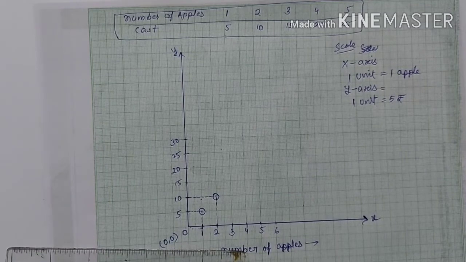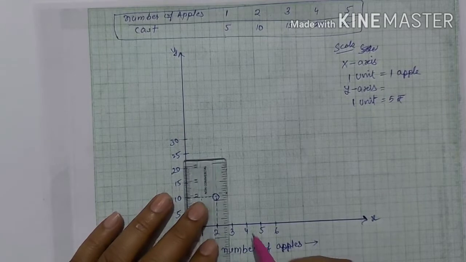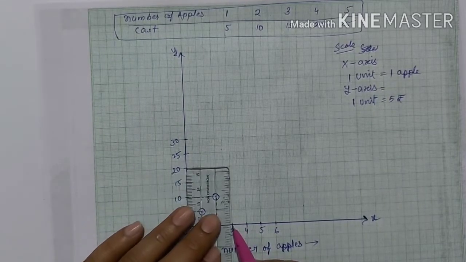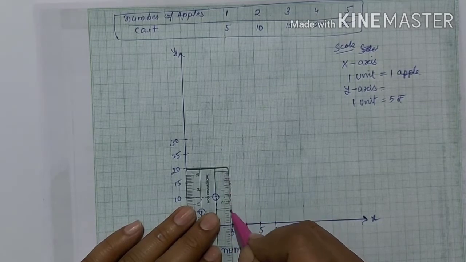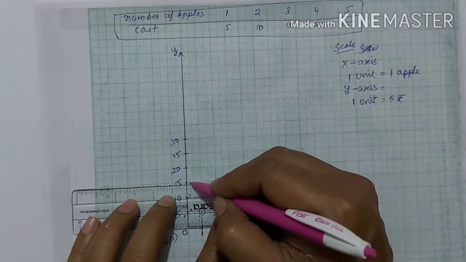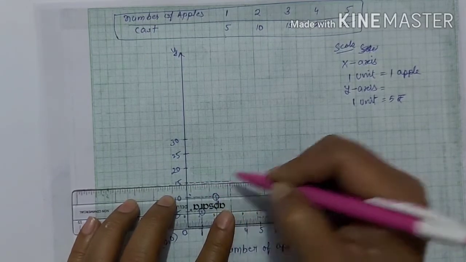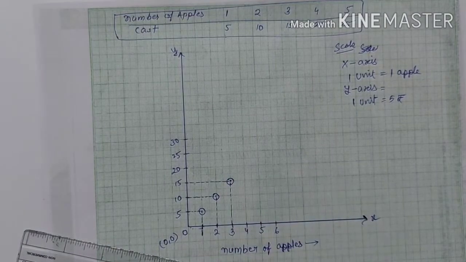Third is 3 and 15, so draw a line parallel to the y-axis and one parallel to the x-axis, dotted, and mark the third point.